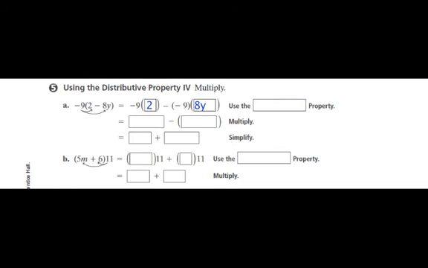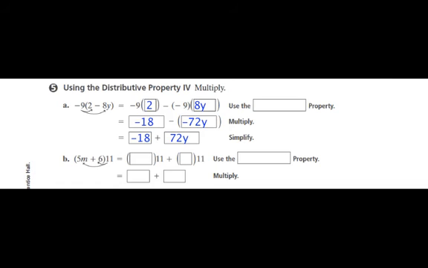Negative 9 times 2 is negative 18 minus negative 9 times 8y is negative 72y. We should go ahead and simplify it the rest of the way, and you remember our rule of same change opposite, so we end up with negative 18 plus 72y.